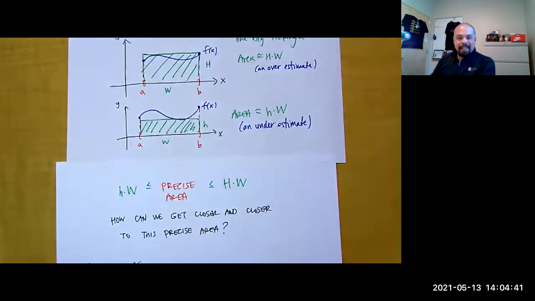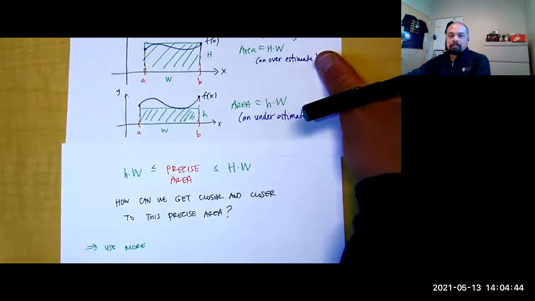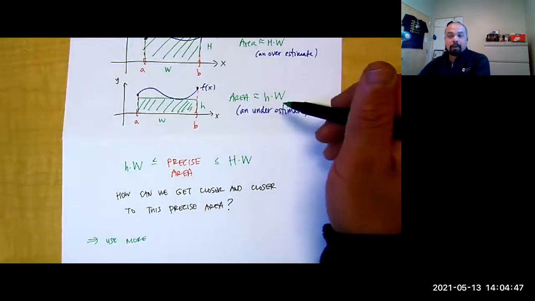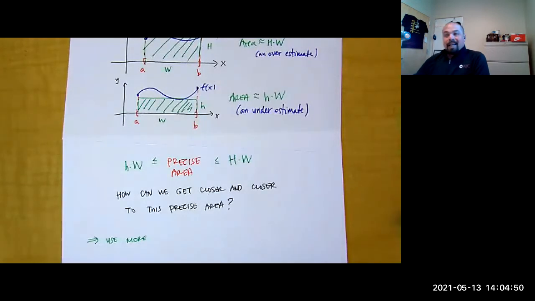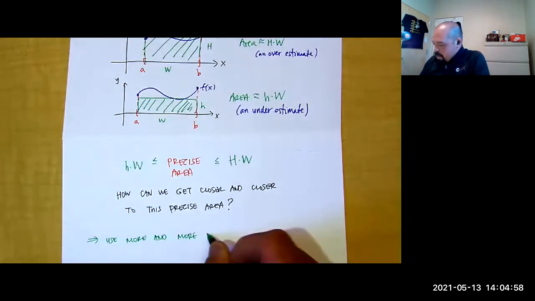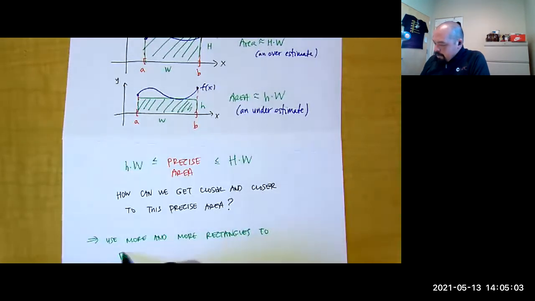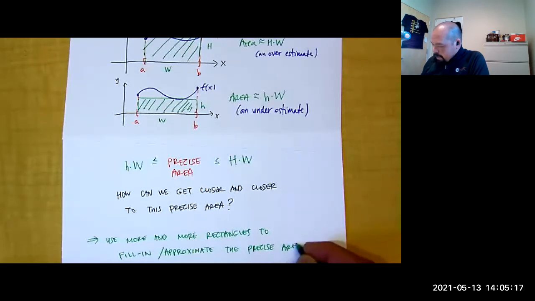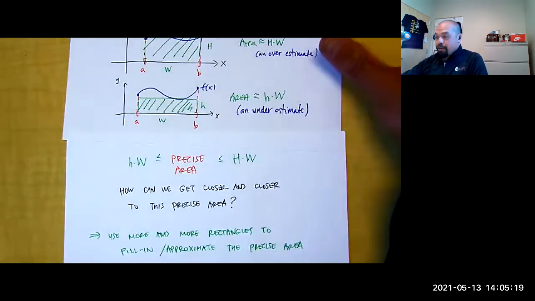And so our initial discussion is to use more rectangles, since rectangles are easier to build up and find our formula for. We can do other shapes, like triangles, and in other calculations you might see a trapezoid used. But use more and more rectangles to fill in, to approximate that precise region that we're trying to find the area for.